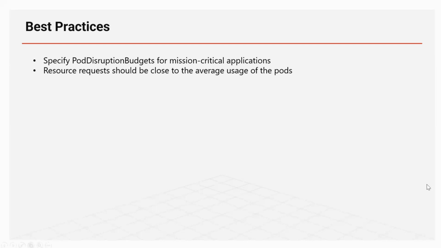Okay, and always keep the resource request close to your average. You should understand your application, how much on average it requires and consumes, and plan accordingly. You should calculate that and then give your HPA count.